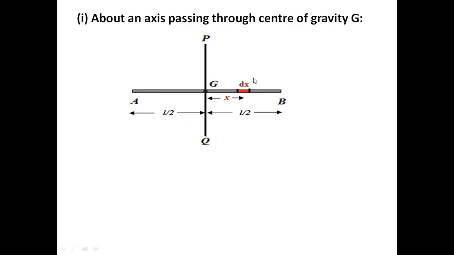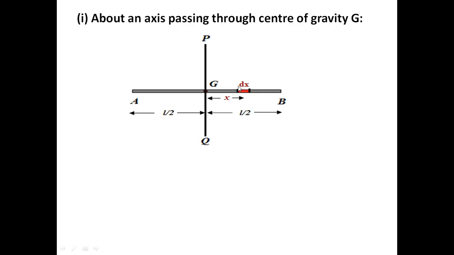First we determine the moment of inertia of this one element about this axis. Then to calculate the total moment of inertia, we add the moment of inertia of all the elements which lie from end B up to the axis PQ.